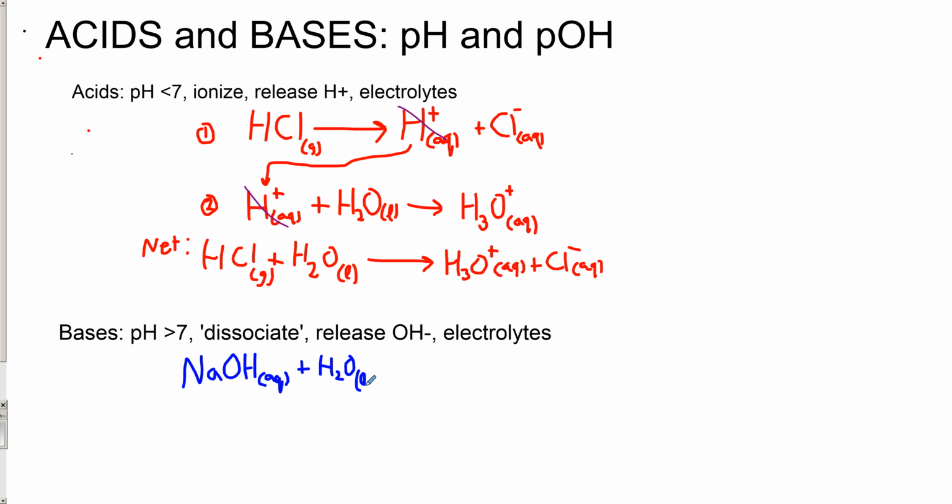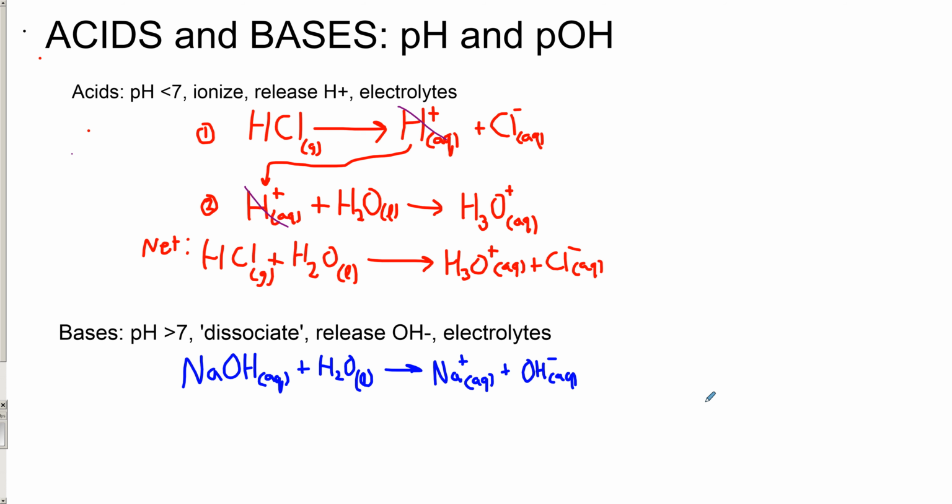And we're going to get a dissociation equation. You guys remember these. So that means that the chemical falls apart into the ions that it was composed of. So Na plus aqueous, OH minus aqueous.